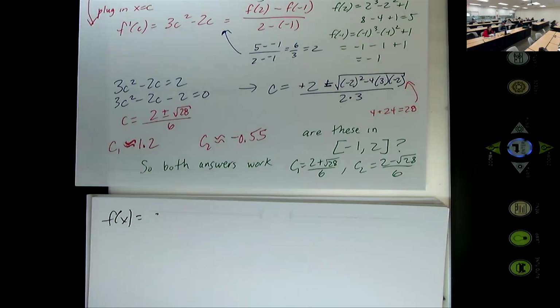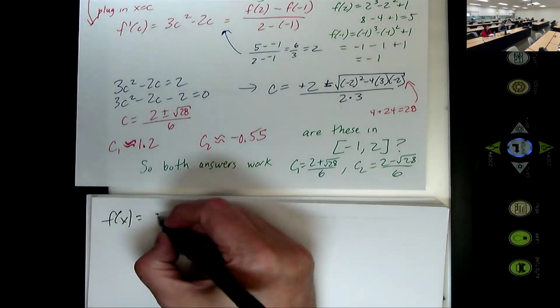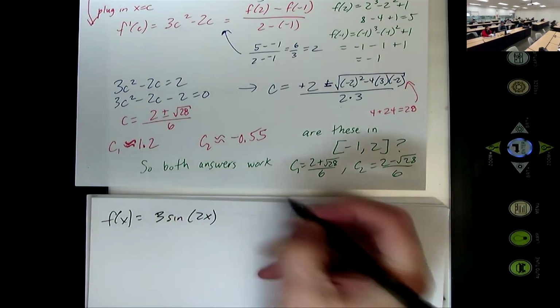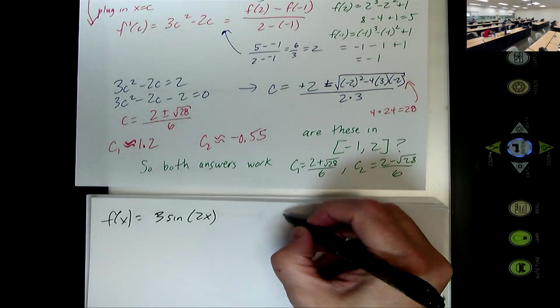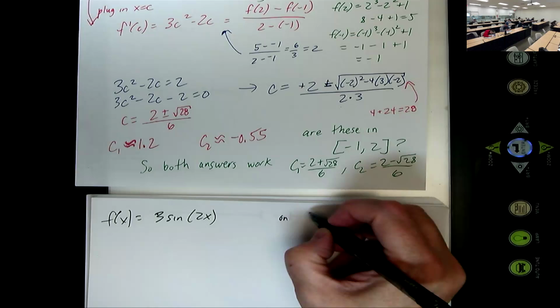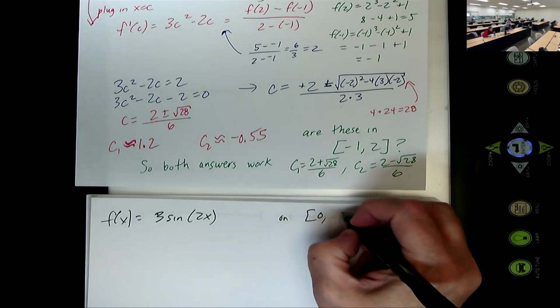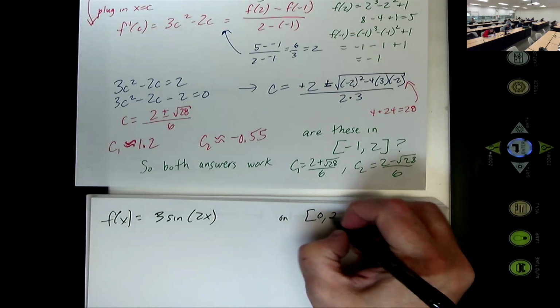Continuous, differentiable. 3 sine 2x. Let's go on 0 to 2 pi.